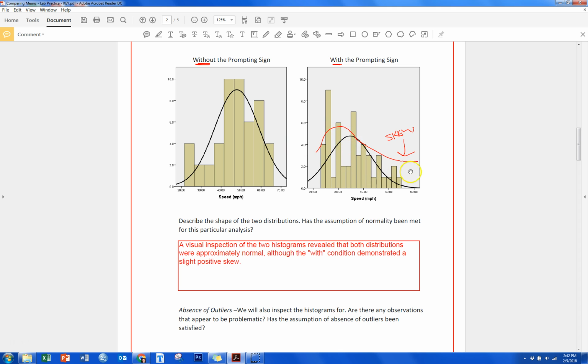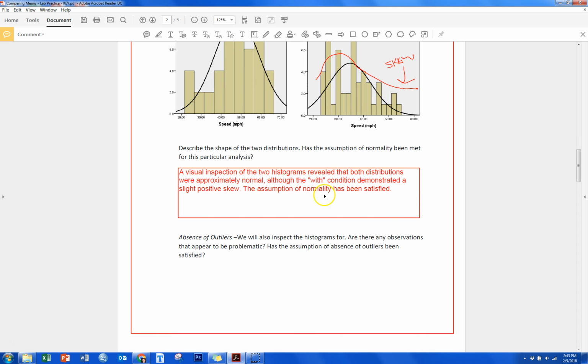There we go. It's nothing too extreme. Over here again, a little bit of a negative skew. If we were going to talk about a skew, there's slightly fewer observations on the left than we have on the right, but approximately normal. So for that reason, the assumption of normality has been satisfied. There we go. So the assumption's been satisfied for both distributions.